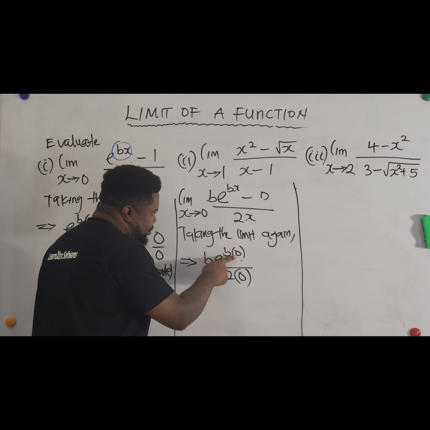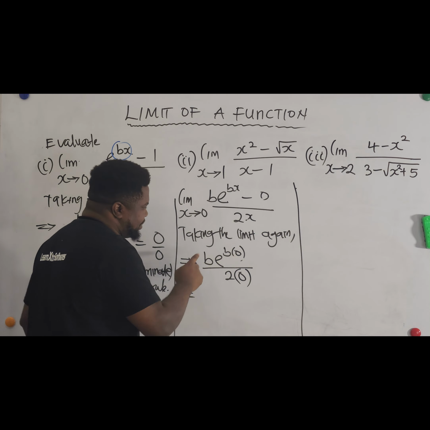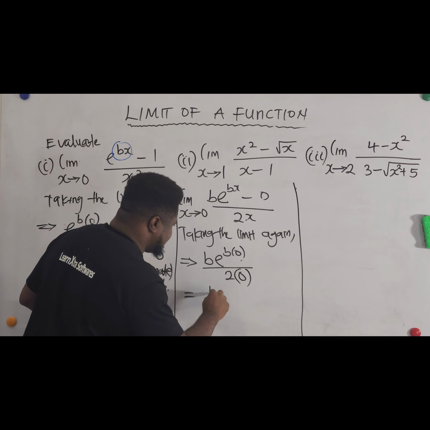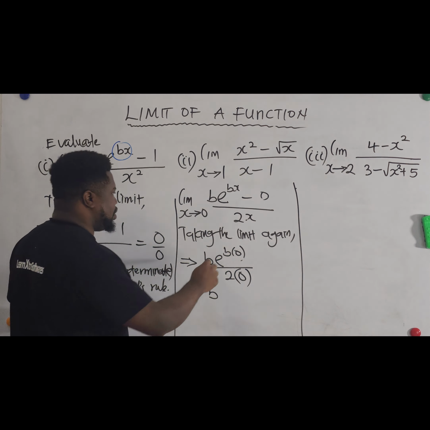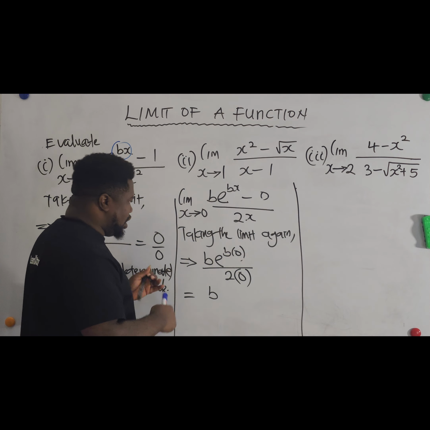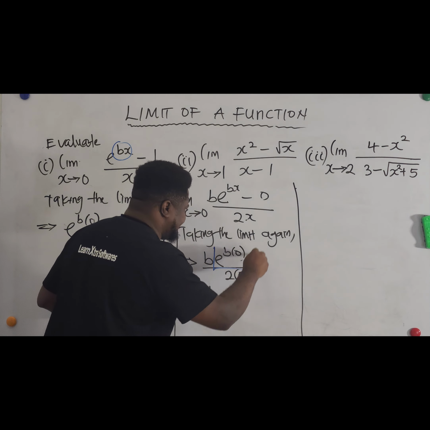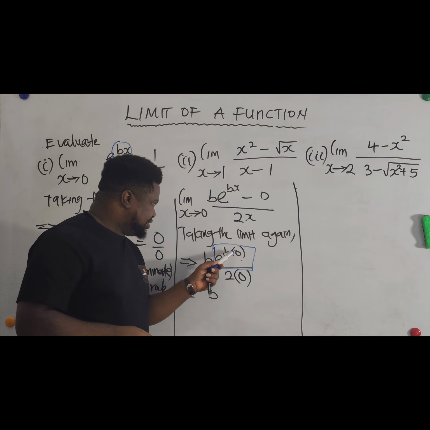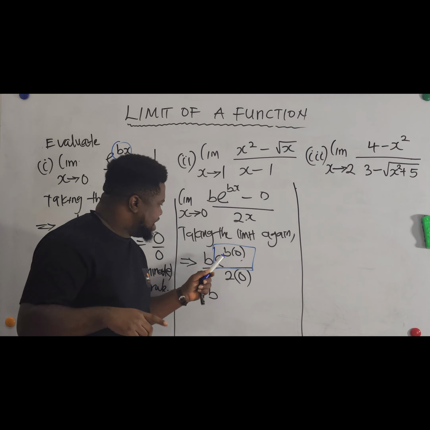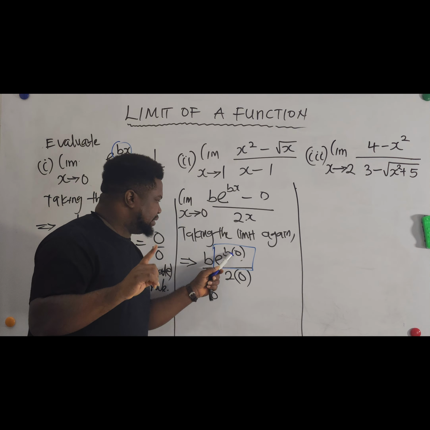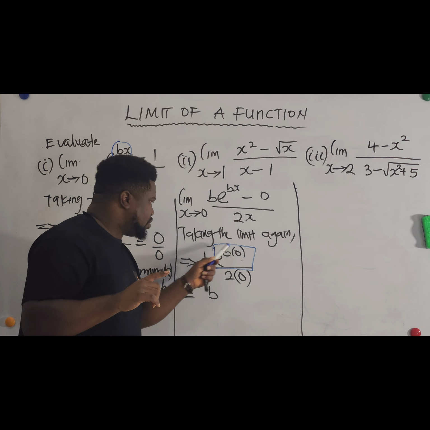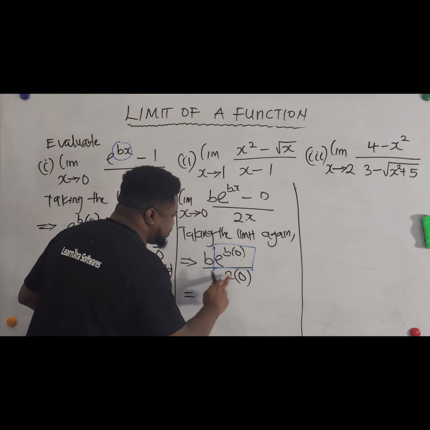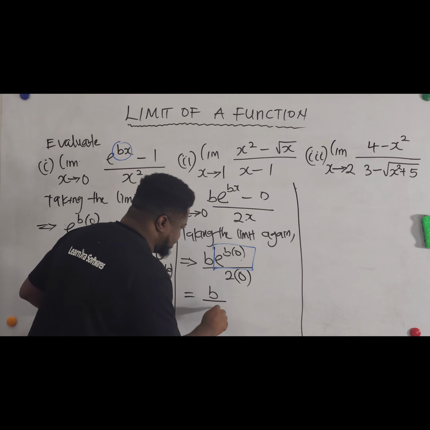Exponential 0 is 1. 1 times b is b. All of this gives us 1 because b times 0 is 0 and exponential 0 is 1. 1 times b, b. So I have here b over 2 times 0, 0.